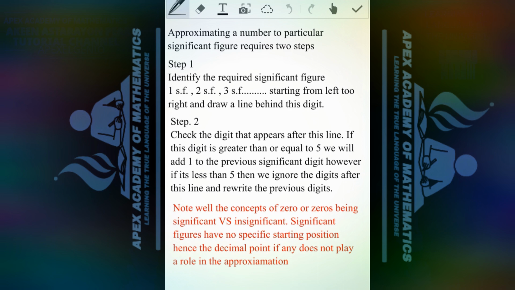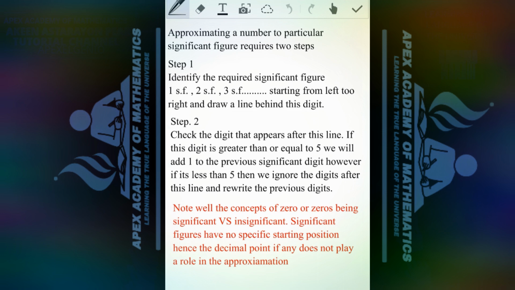Also, you must note here that significant figures have no specific starting position. Well, in fact it does. You have to start from the left to the right, but you do not say, hey, I must start before the point, or I must start after the point.